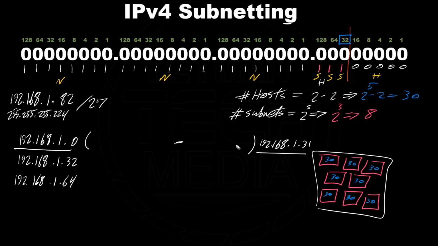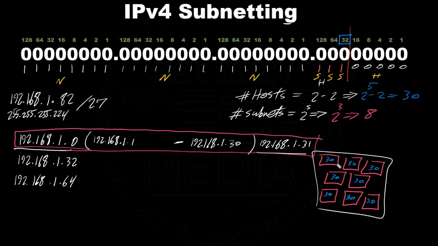Now let's go over the ranges, the available IP addresses. The first available IP address in this network would be 192.168.1.1, and it goes to 192.168.1.30. And here you see this is one subnet.